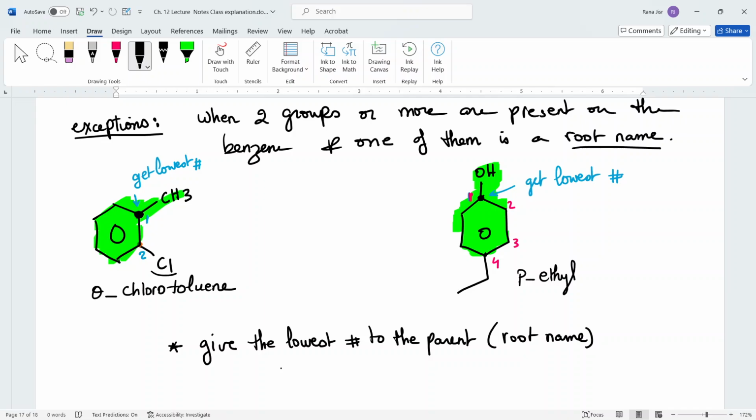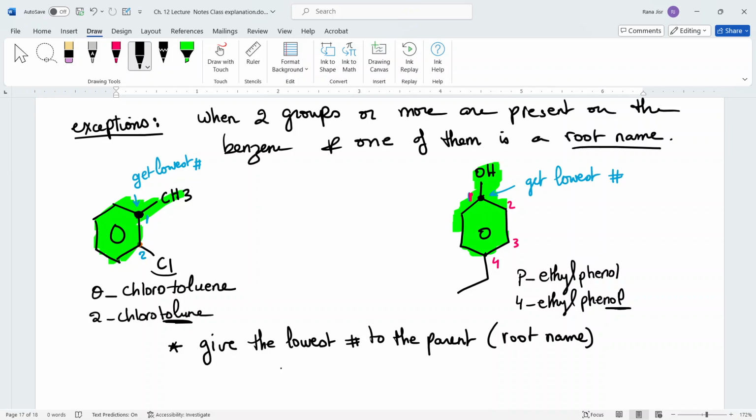And then the common root in there is going to be phenol. I could say 4-ethylphenol, because definitely this one is on carbon number 1. And I could say over here 2-chlorotoluene, because definitely the CH3 of the toluene is on carbon number 1. So either one of these is right.